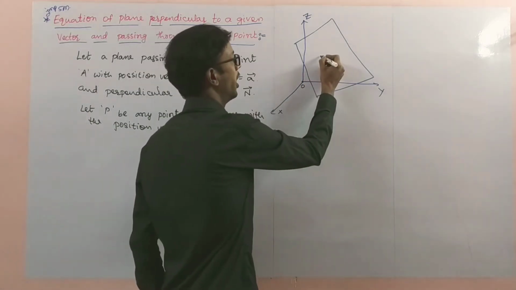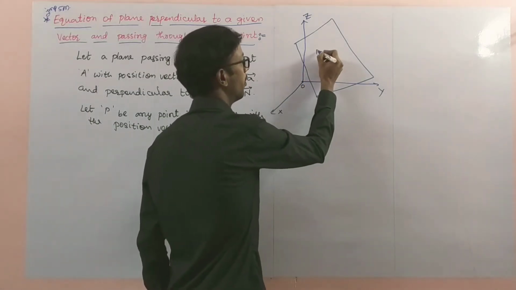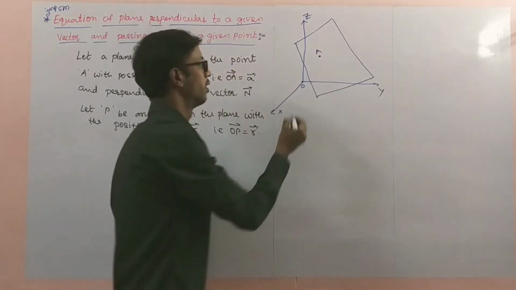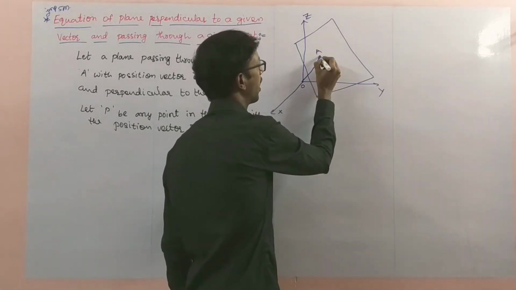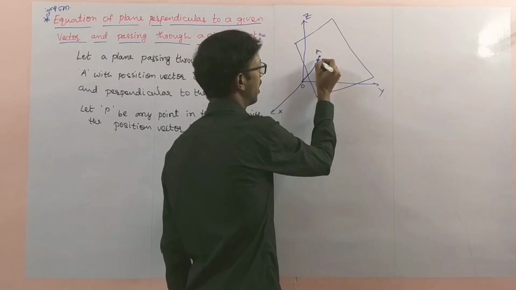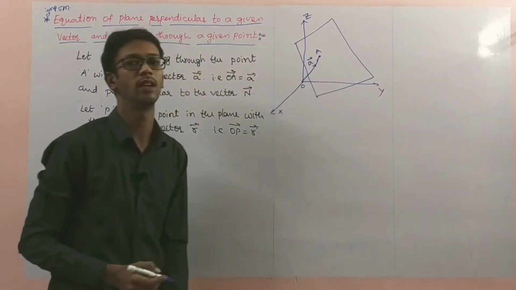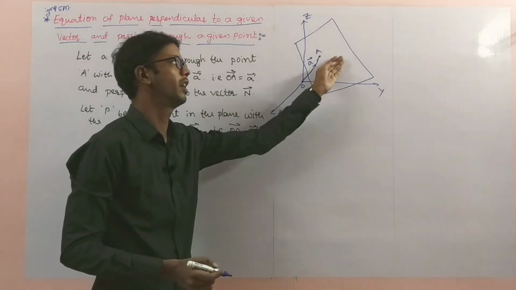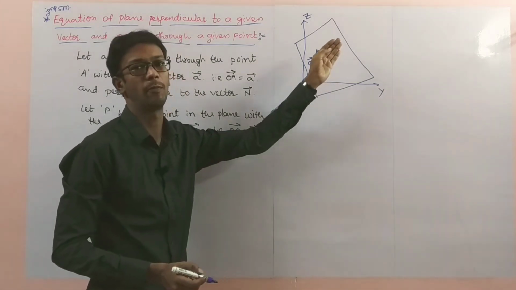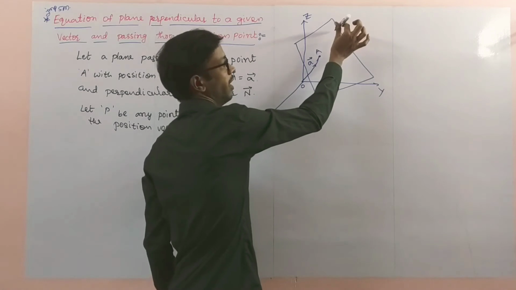Now, passing through the point they are telling, so that's why I am taking point A, with the position vector A bar. And perpendicular to this plane, perpendicular to the vector, that means like this you have to draw.